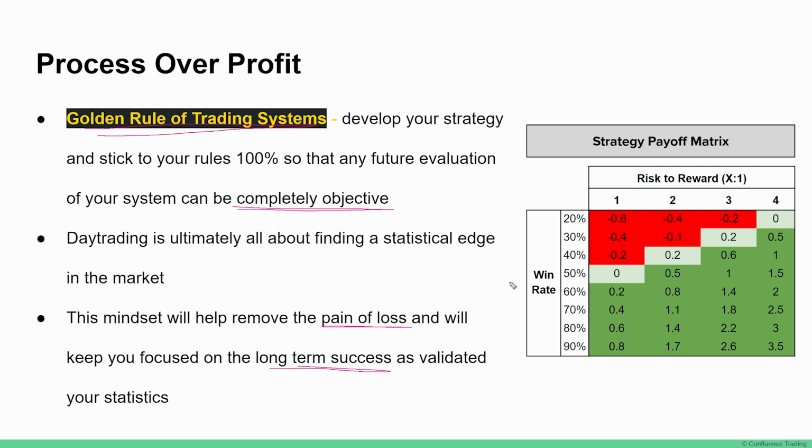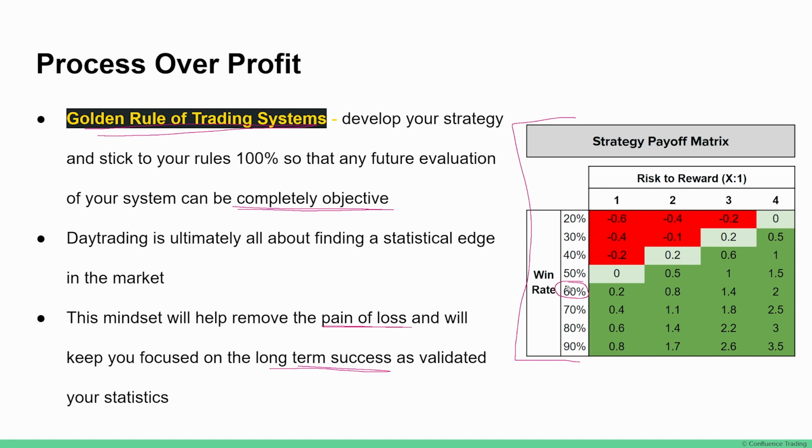So there can be a ton of different win rates and different risk-reward ratios that you can utilize with this. And just to show you a few examples, I've created this strategy payoff matrix over here. So let's say that you've developed your trading system and you know that your trading system has a 60% win rate.